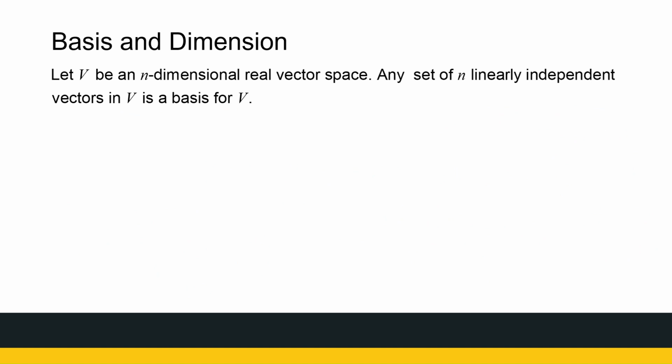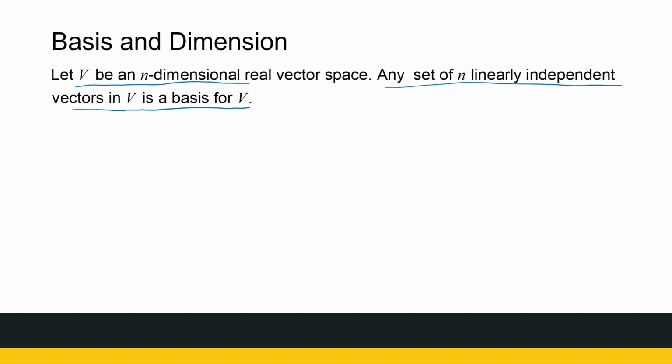All right, then one more theorem to look at. If V is an n-dimensional real vector space, so if I know the dimension of V, for example, R3, I know the dimension is 3, R2, I know the dimension is 2, and so on, then if I've got a set of n linearly independent vectors, it'll form a basis.